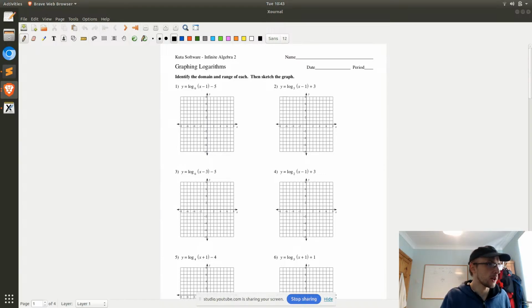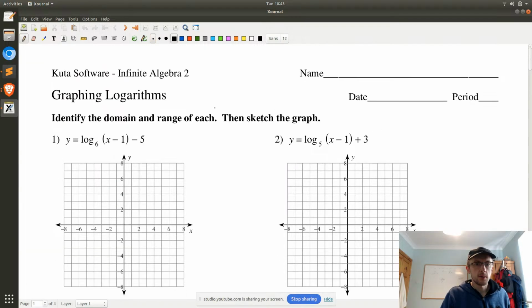So there's only 12 problems, but I have to really understand what's going on. Identify the domain and range of each, then sketch the graph.